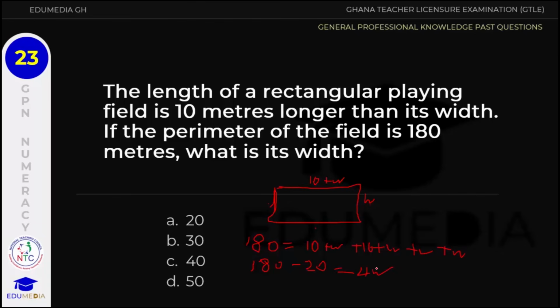All right, and you're going to have here 160 plus 4W, and 160 divided by the 4, and you have your answer there. That is 160 divided by 4, and you have 40. That should be your answer, 40. All right, so the width is 40. That is C, 40.